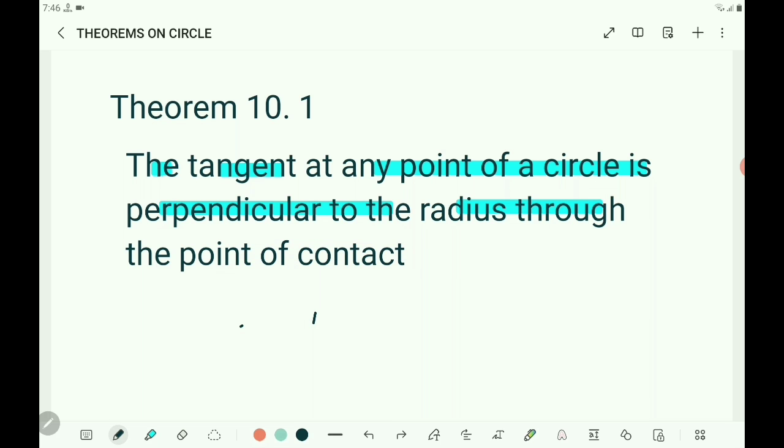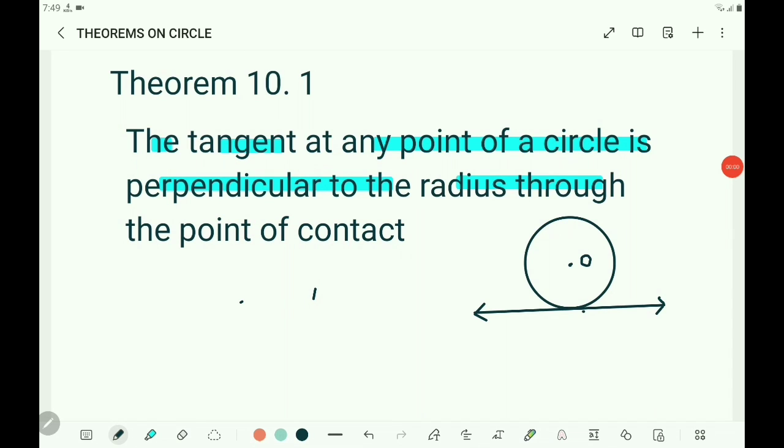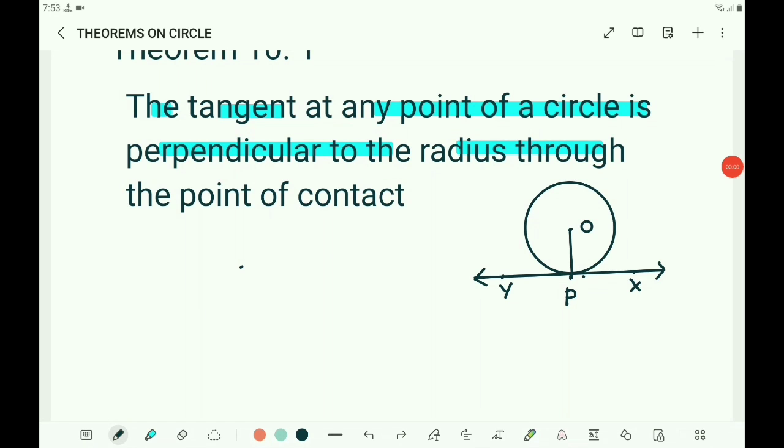So let us draw the circle. So let us draw the figure. Here O is the center of the circle and P is a point on the circle, and XY is a tangent. Let us join OP. Here O is the center, P is a point on the circle, then OP becomes the radius. Right?